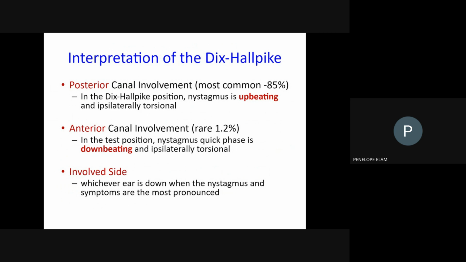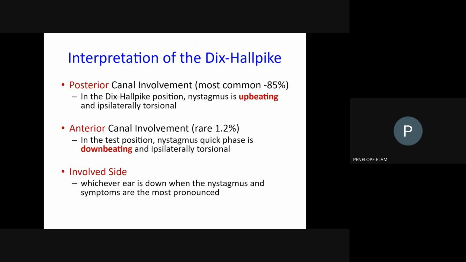So meaning, once again, it's going to beat downwards. It's in the anterior canal, and we'll also have a rotational component. Whichever ear is down when the nystagmus and symptoms are most pronounced is the involved side.